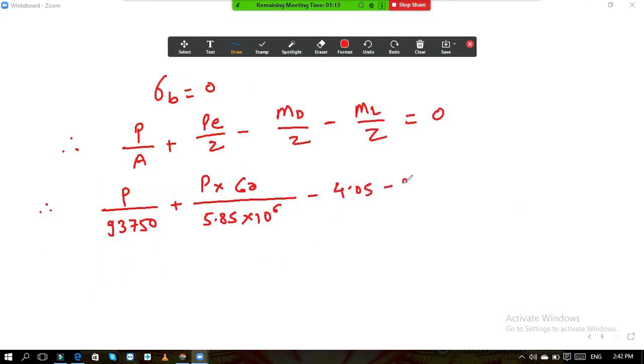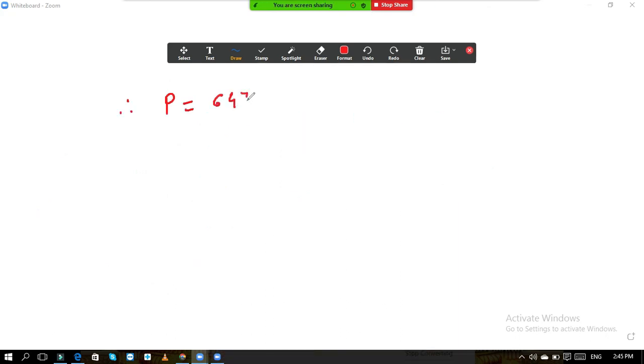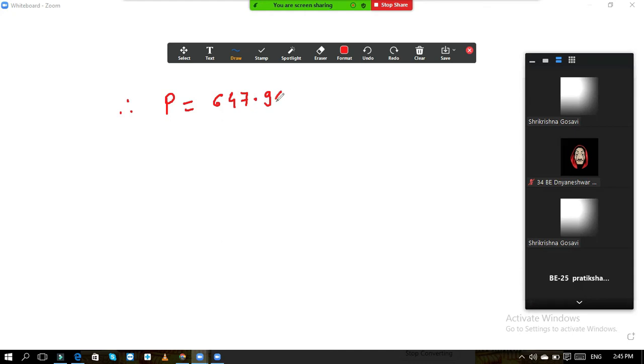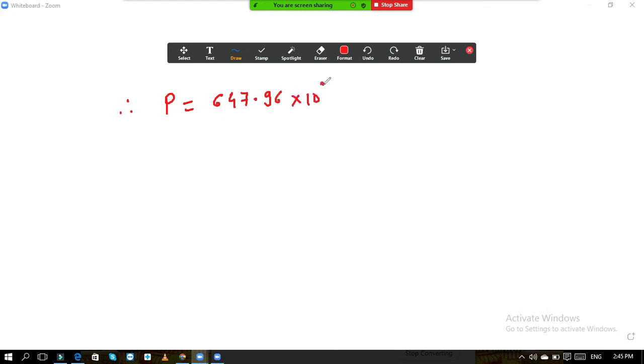Equate this to 0. Therefore, after solving this, you will get the value of P, 647.96 into 10 raised to 3 Newton. That is in kilonewton, how much is it? It is 647.96. Okay then. So I think all the variety of the numericals we have covered.